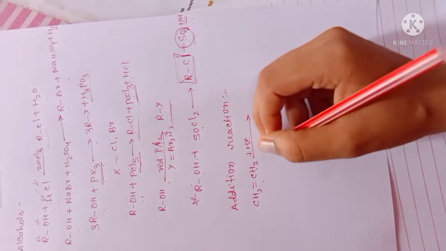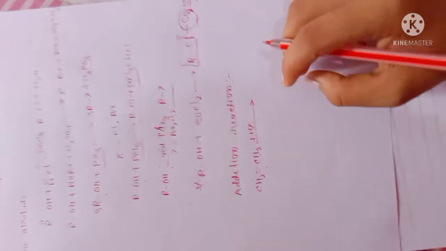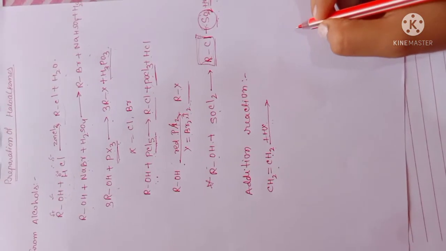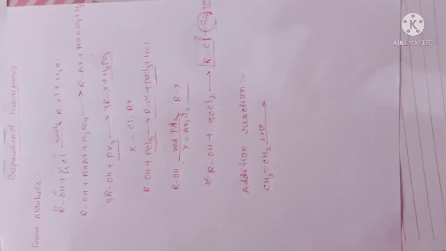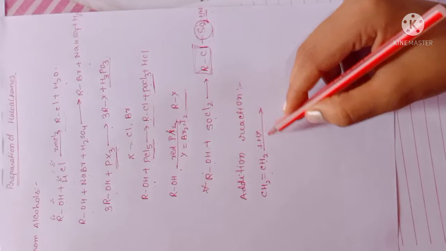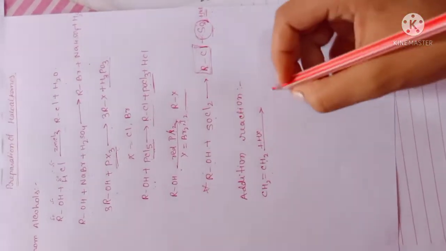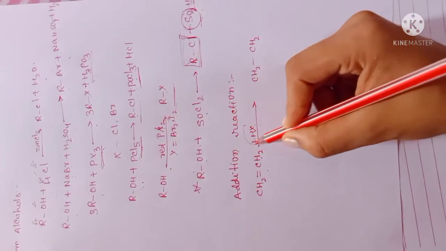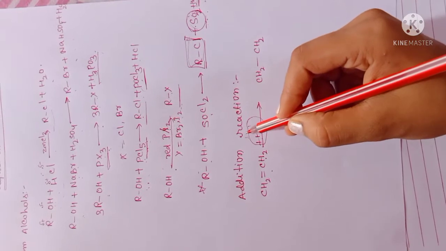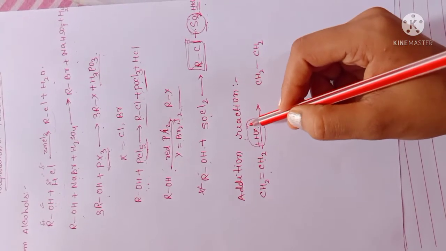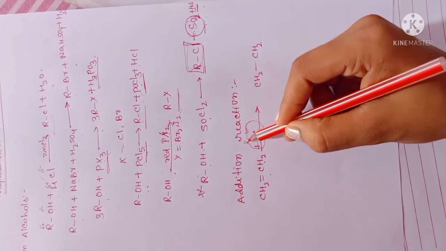Then we will follow a rule which is called Markovnikov's rule. You have studied this rule in class 11th, so apply it here. Here we have HX, H has a partial positive charge and X a partial negative charge.